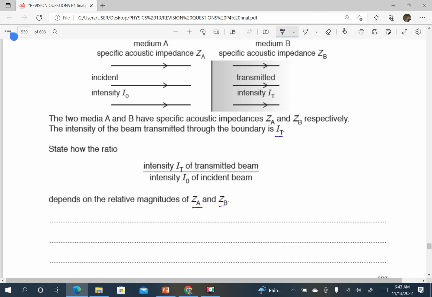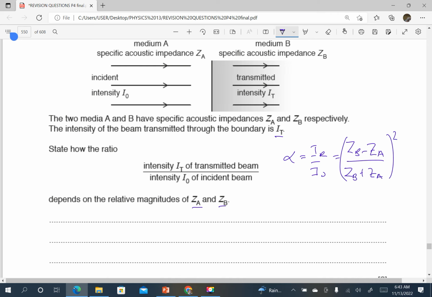Of course, we know that the ratio alpha is the ratio of intensity reflected at the boundary over what is incident at the boundary, and this would be ZB minus ZA over ZB plus ZA, squared.